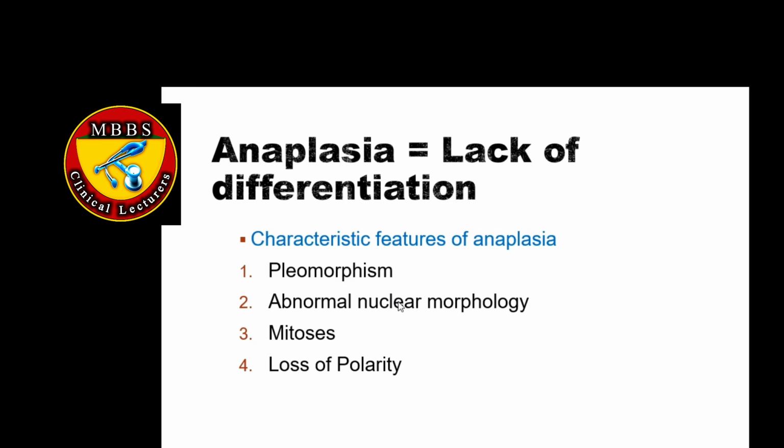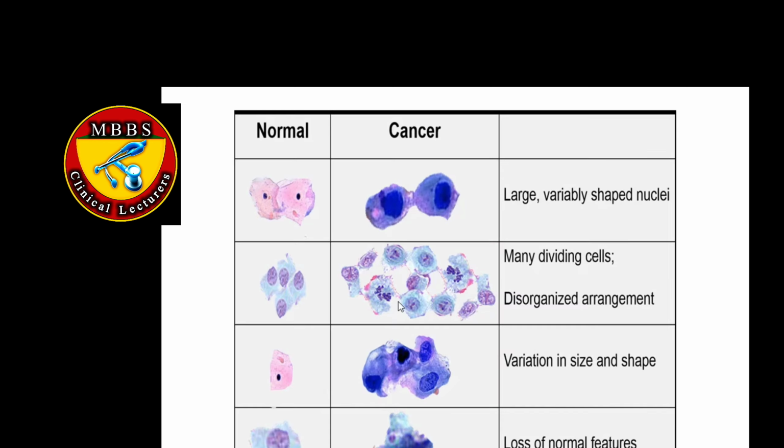But when there is loss of polarity, there is disorganization of the tissue, and the layers will not be identified. Other changes are there, and we will explain them in the next slide. Local invasion is another important aspect of anaplasia, and metastasis is also an aspect of anaplasia. So there are 7 characteristic features of anaplasia.